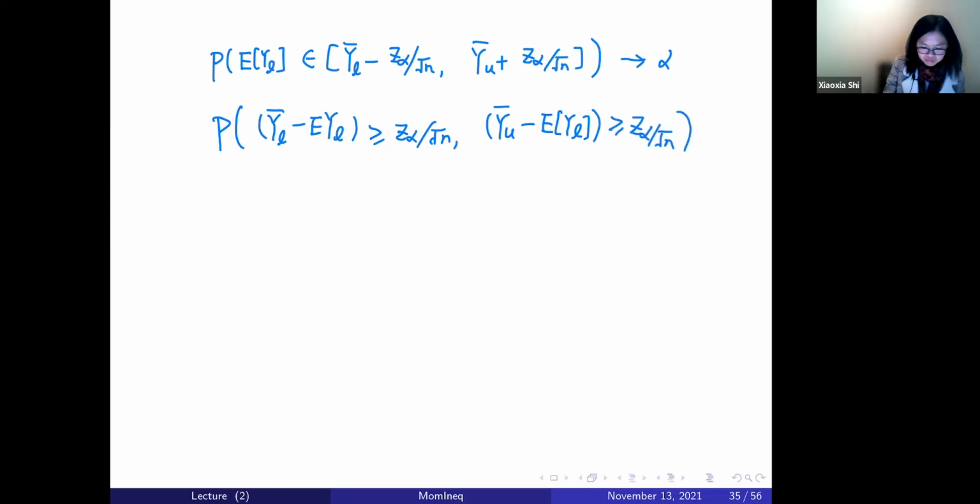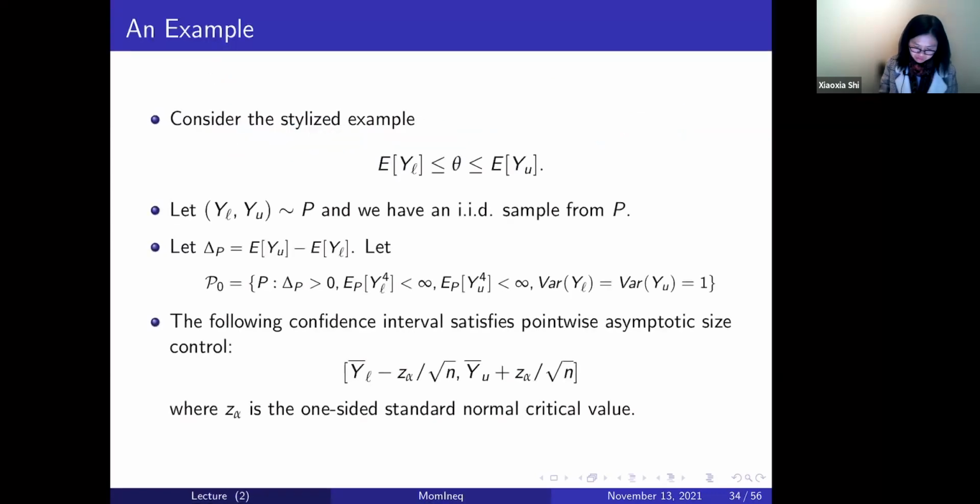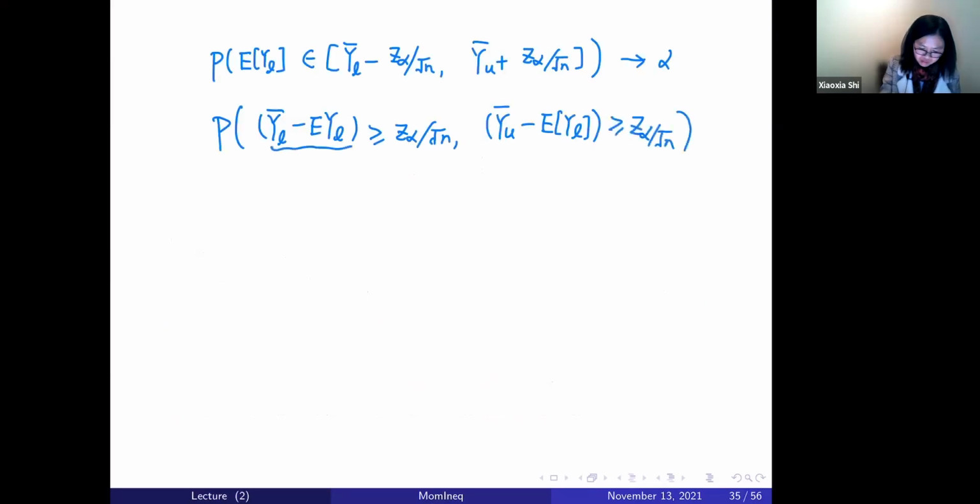Right, so for that probability, we assume that variance is 1, so this is root n times this. So if I move the root n to the other side, that's going to be asymptotically normal with mean 0 and variance 1.